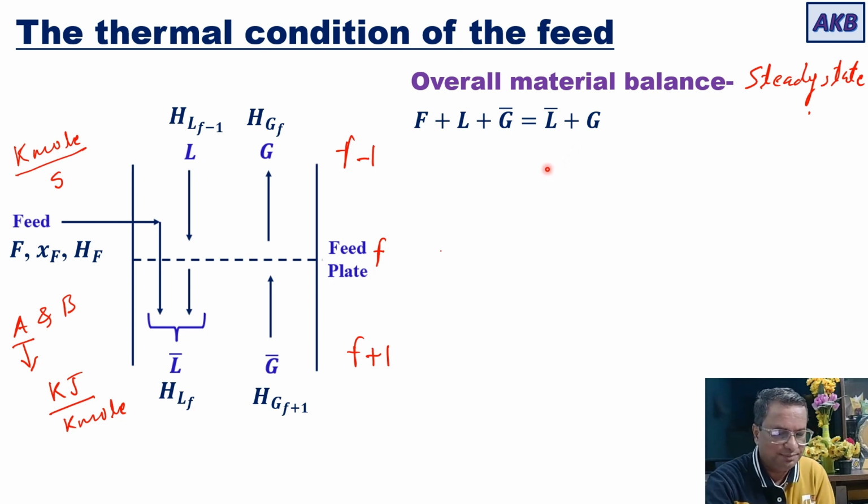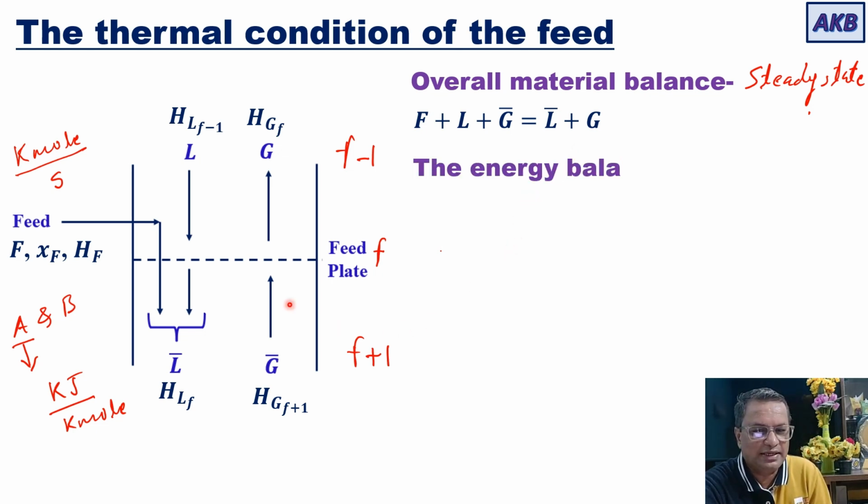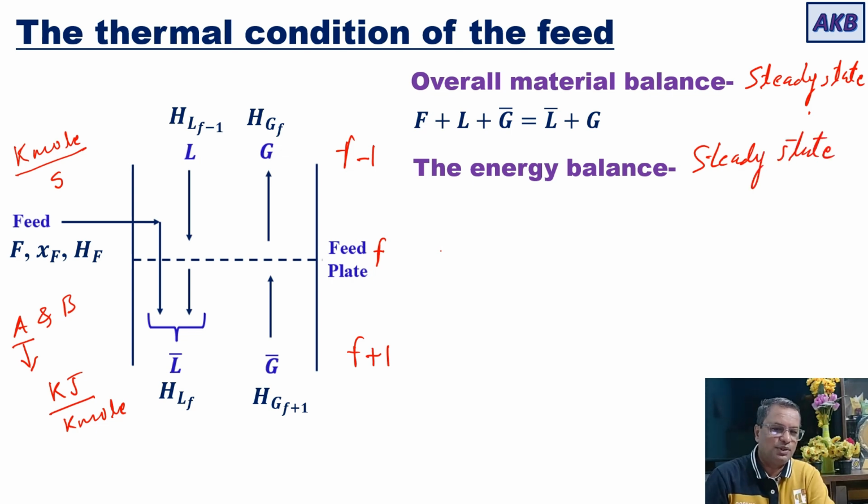Okay. Now let us write the energy balance. Again, we are going to write the energy balance at the steady state, that is, rate of energy in is equal to rate of energy out. The rate of energy will be given, for example, in kilojoule per second, that is, energy per unit time.